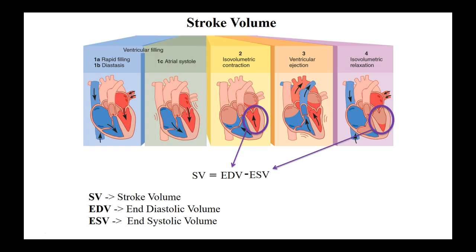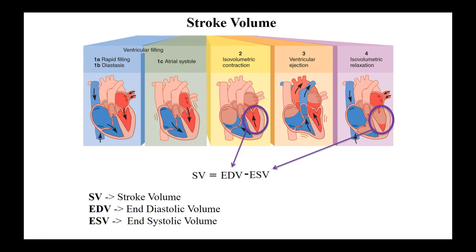It's the more oxygenated blood, going to the body, systemically. So when we talk about stroke volume, we're generally talking about how much blood is ejected from the left ventricle. This figure does a nice job of showing how we measure stroke volume in the left ventricle specifically.